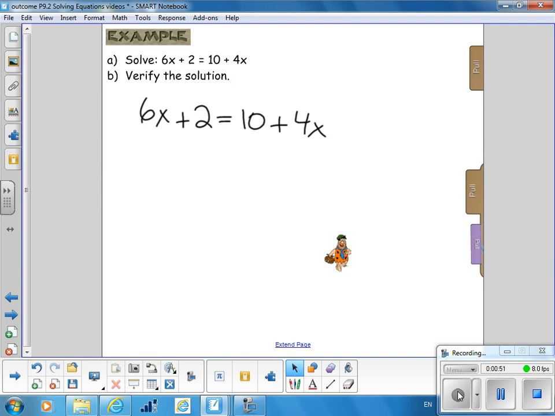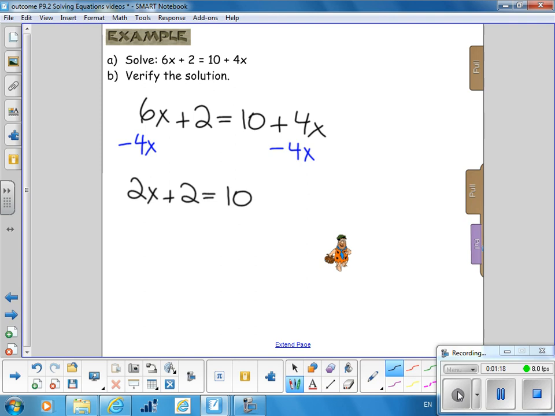So if we have a positive 4x on the right-hand side, the inverse would be a minus 4x because we want to cancel that out and we want to make it 0. And what we do to one side, we must do to the other side. So we're going to subtract 4x from both sides. That's going to leave us here with 2x plus 2 equals 10. And then 4x minus 4x is 0.